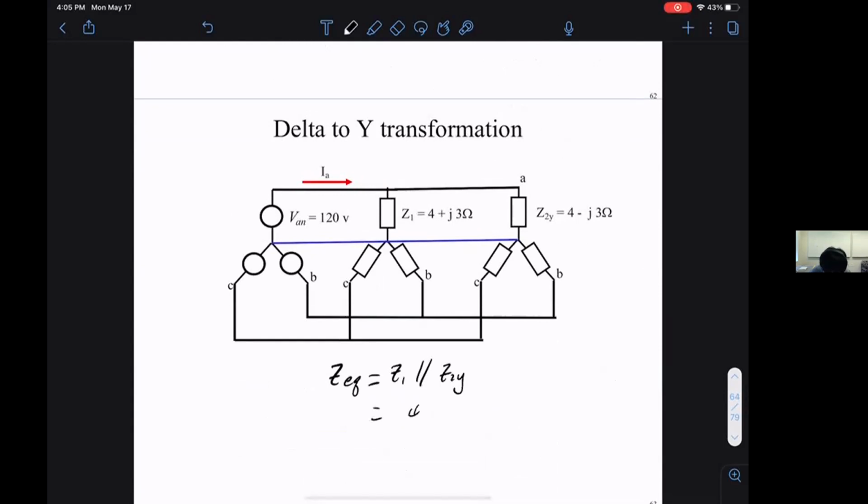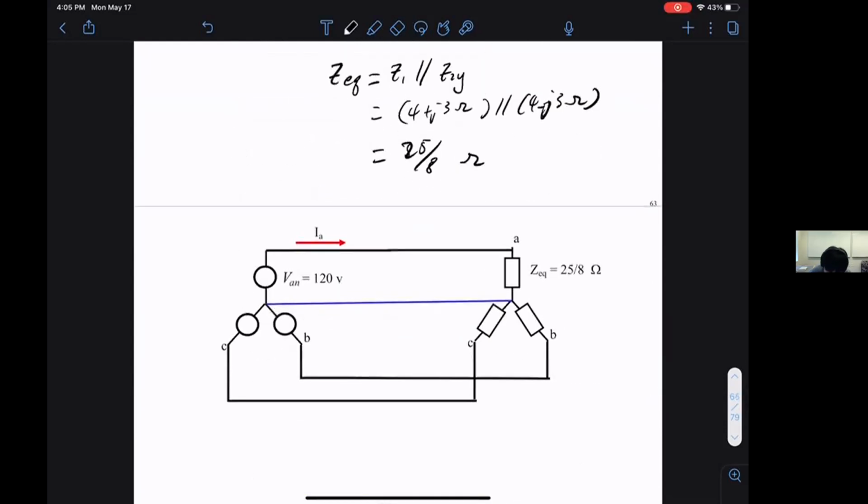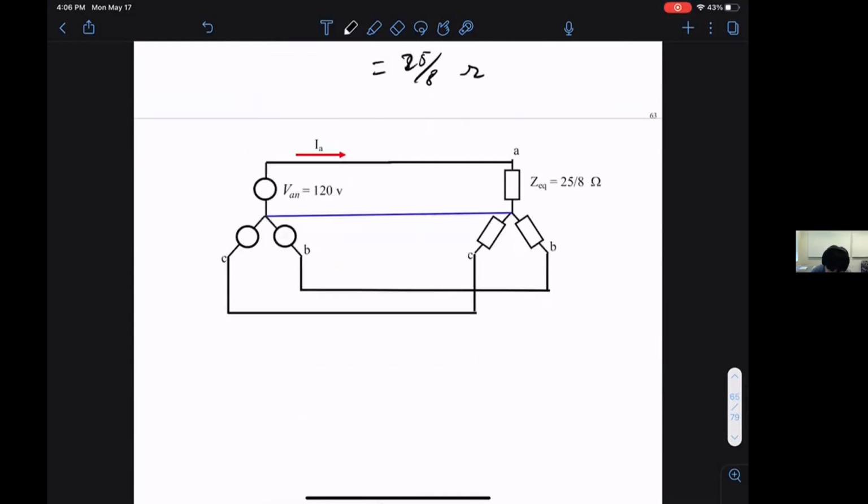This is 4 plus 3J ohms in parallel with 4 minus 3J ohms. And then our circuit becomes very easy. This is 25 over 8 ohms. So all I need to consider is this equivalent circuit. And then IA is really simple to find: 120 over 25 over 8. This is 38.4 amps.